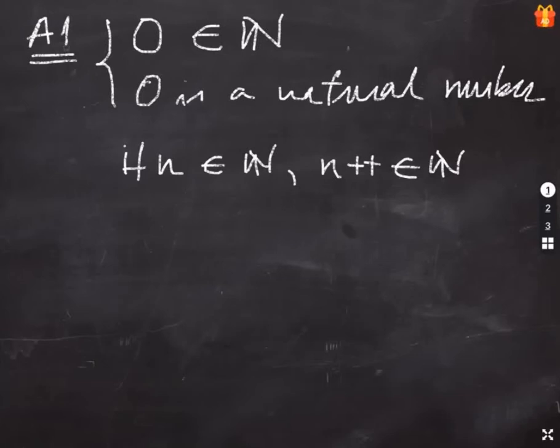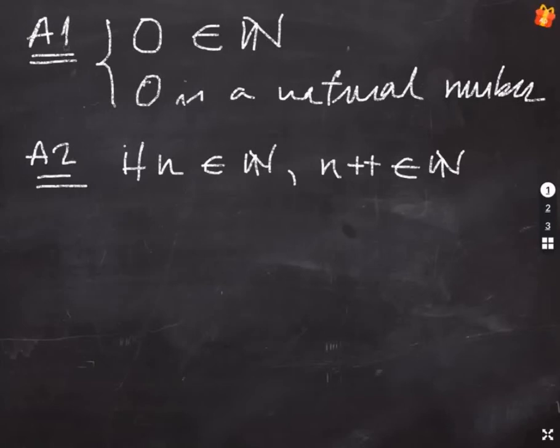I was joking before, you cannot protest because you cannot talk to me right now. But during my lectures, usually, no student protests because you are used to implicitly assuming these kinds of things. I'm just stating them right now, here, out loud. Okay, so that's going to be our axiom number 2. If n is a natural number, then n++ is also a natural number.